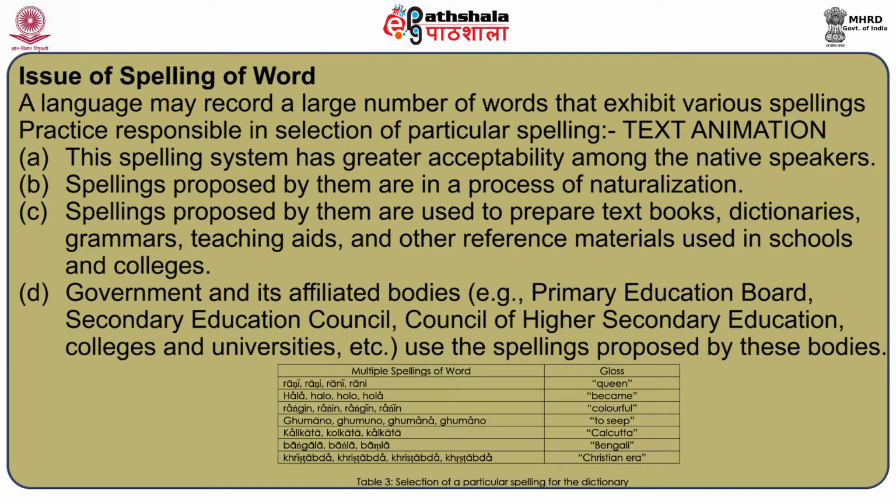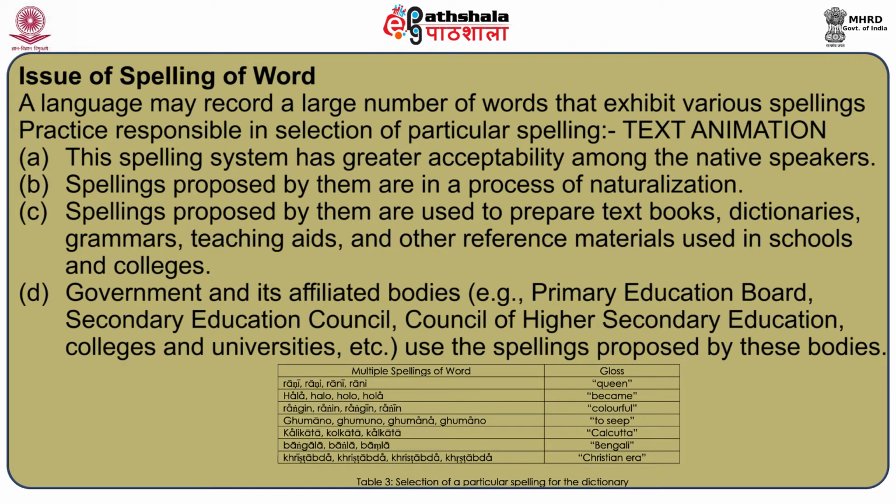A language may record a large number of words that exhibit variation in spelling. For instance, Bangla has many words that can show how a particular spelling out of many variants may be used in the dictionary. In the given example, here I have selected certain words which show multiple spelling variations and one of the spelling is selected.